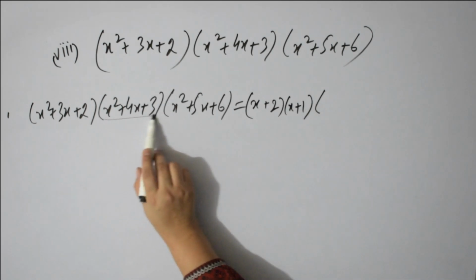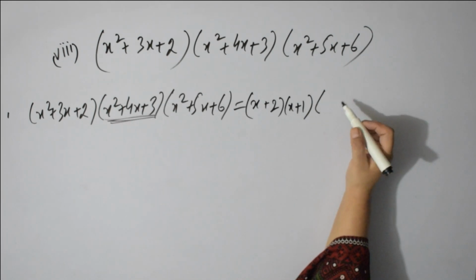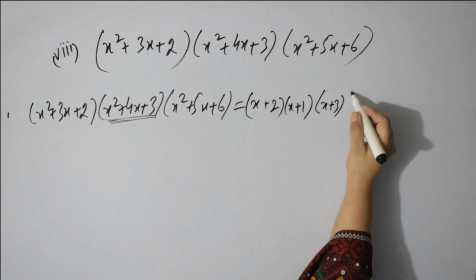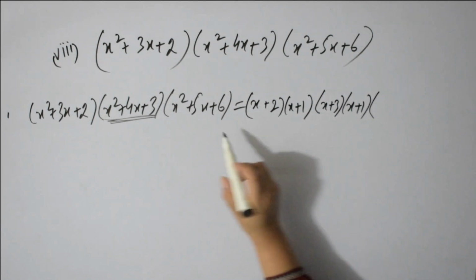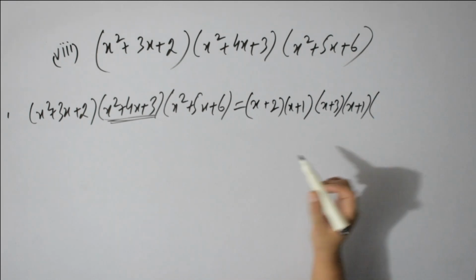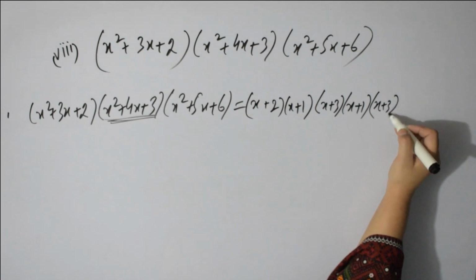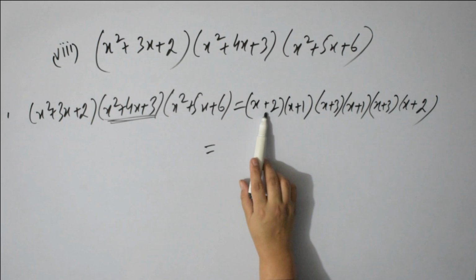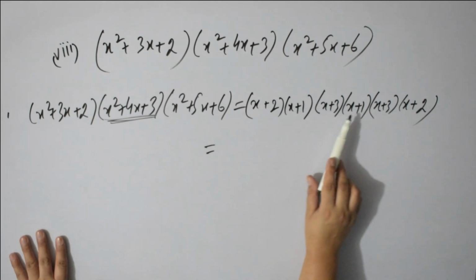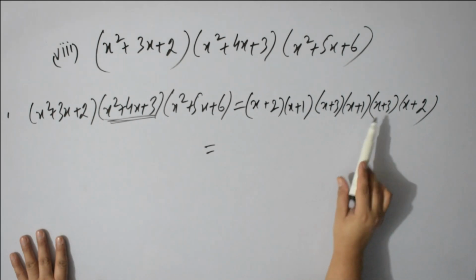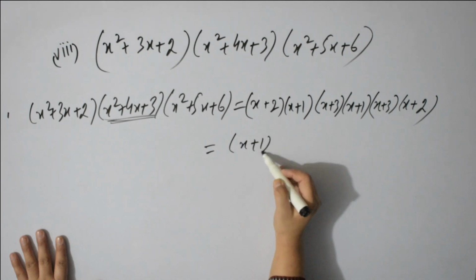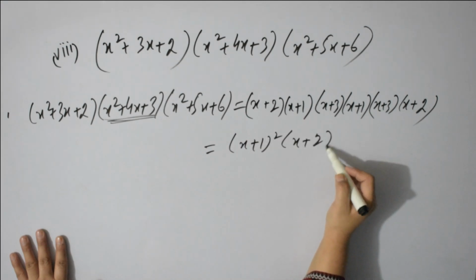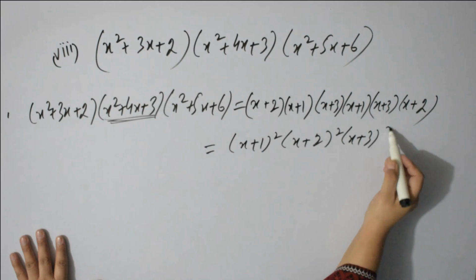The factors of the second expression were x plus 3, x plus 1, and the factors of the last expression were x plus 3 into x plus 2. Okay, now see students, x plus 2 is present 2 times, x plus 1 is also 2 times, and x plus 3 too. So it becomes (x plus 1) whole square, (x plus 2) whole square and (x plus 3) whole square.